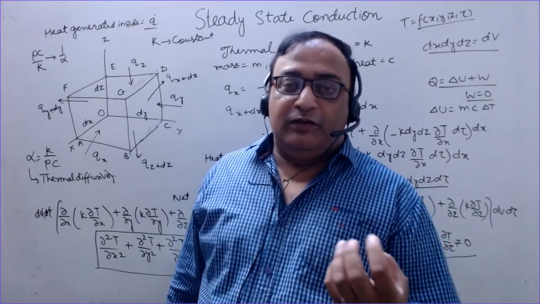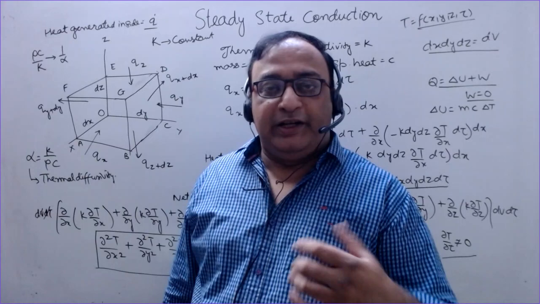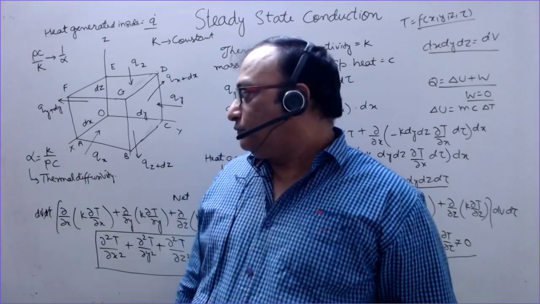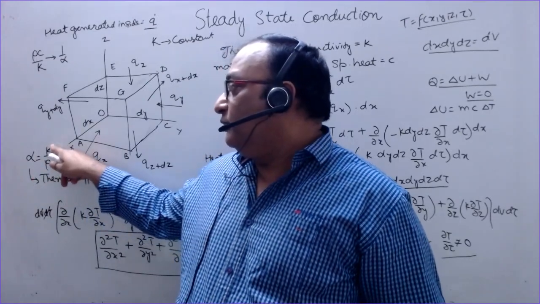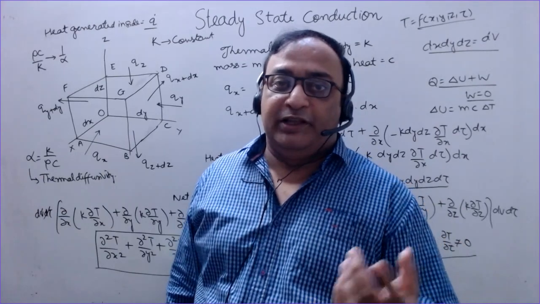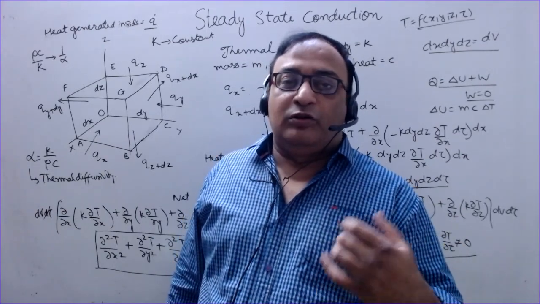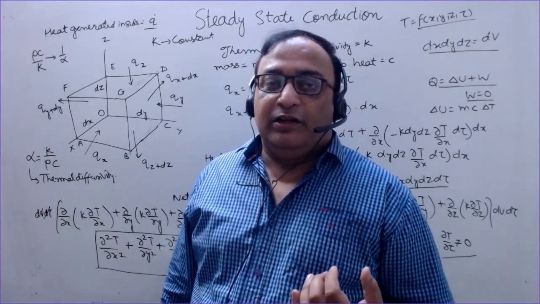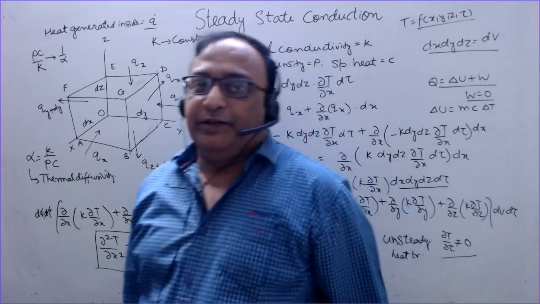So that's why water heats very slowly, but it retains heat for a longer period. So in that case alpha will be small. This term is high, this term is low. So alpha will be small, thermal diffusivity for non-metals which can retain the heat, which do not easily conduct the heat, and for metals etc., or good conductors for which K is high and sluggishness or thermal inertia is small, the value of alpha is high.